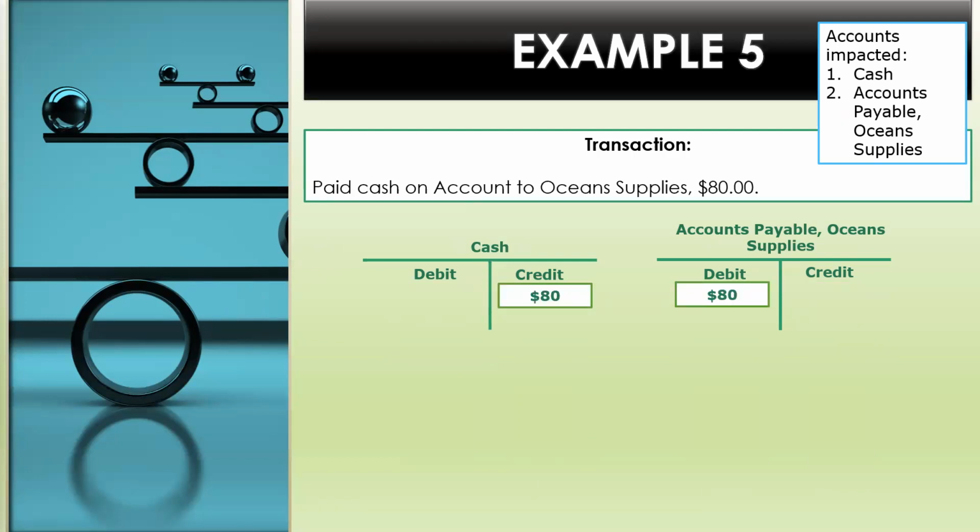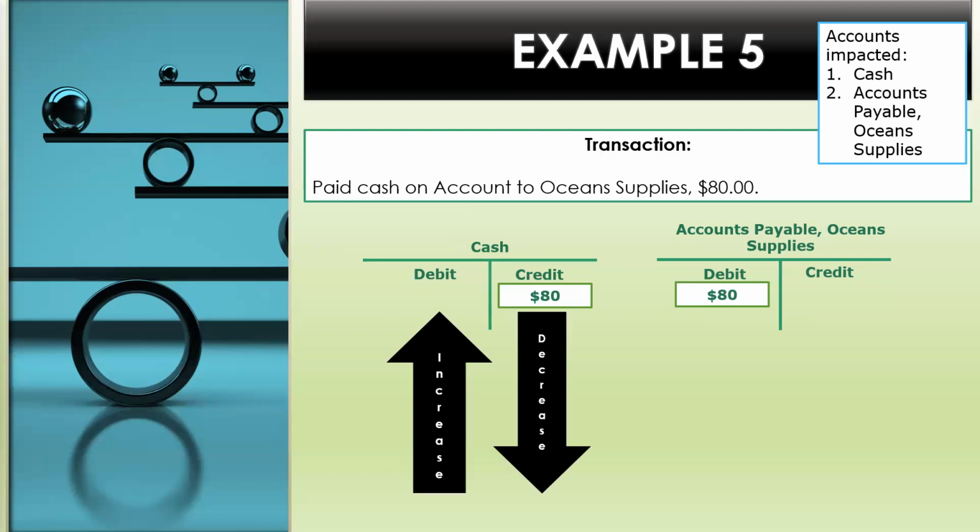Example 5, transaction. Paid cash on account to Ocean's Supplies in the amount of $80. The accounts that are impacted are cash and accounts payable Ocean's Supplies. For this particular transaction, the cash account will be decreased, so we need to credit $80.